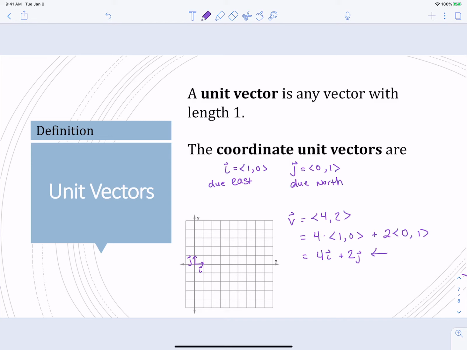So this is just another way that we sometimes write vectors. We write them in this 4i plus 2j format, and it means the same thing as if we write it like this. So I'll try to go back and forth between those two notations because they mean the same thing. It's just different ways that we can write it.